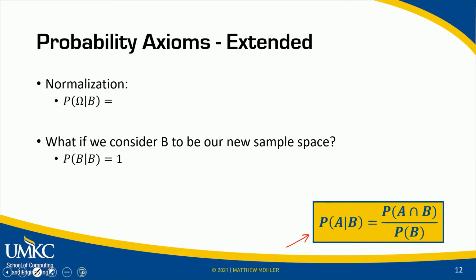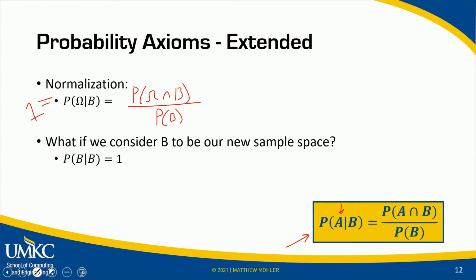So our A is basically getting replaced by omega in the entire equation. So the probability of omega conditioned on B is the probability of omega intersected with B divided by the probability of B. And for normalization, as you may recall from lecture 1, this has to be equal to 1.